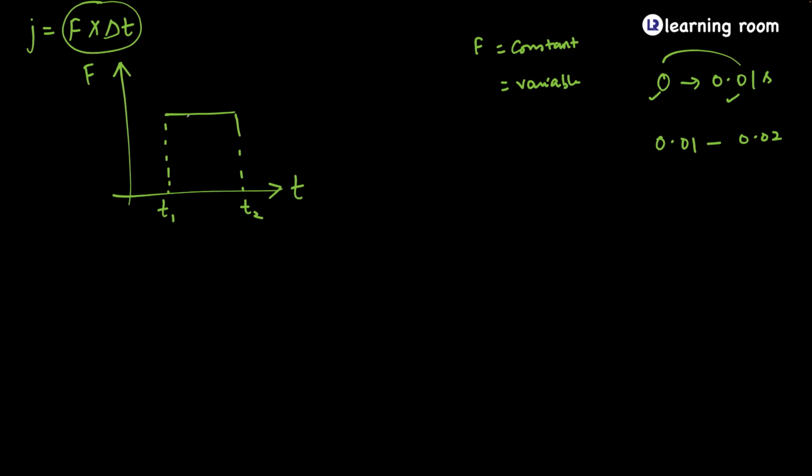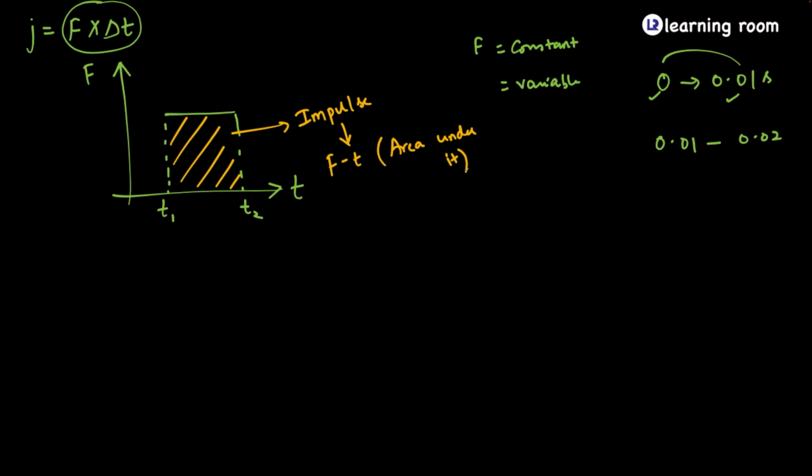If somebody gives you a force-time graph and asks you to calculate the area between a specific time interval, they're actually asking you, area is a mathematical term, but area gives impulse. To put it simply, impulse in a force-time graph is going to be the area under it.